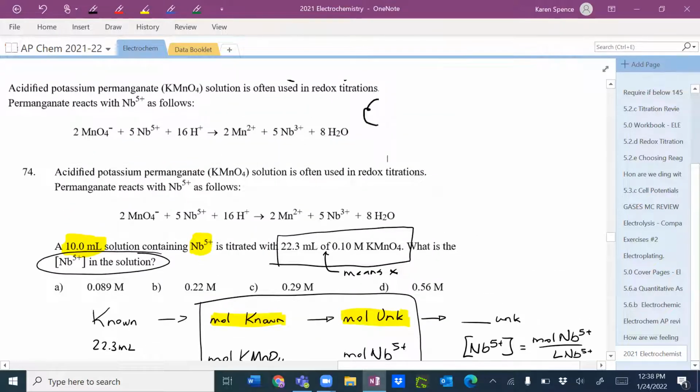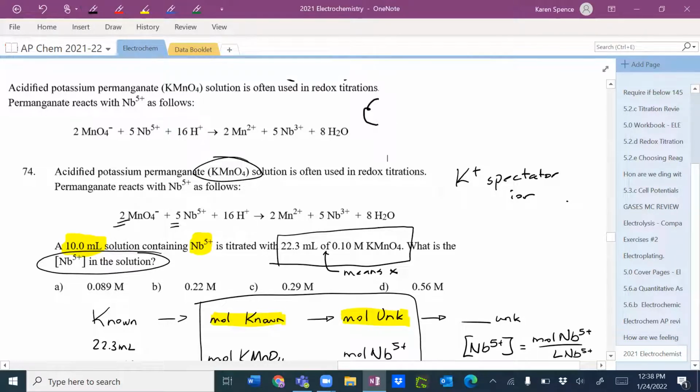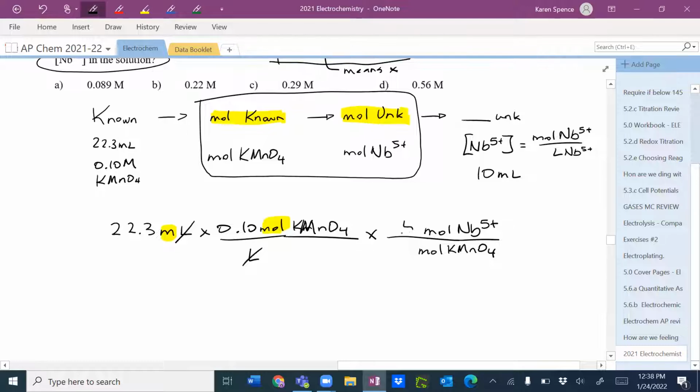So KMnO4, and remember, KMnO4 just becomes MnO4, and we ignore the K+ because the K+ is a spectator ion. Okay, so we have a 2, oh, look, it's a 2:5 ratio again. So we've got 2 of those for every 5 Nb. So 5 Nb5+ to every 2 of those.